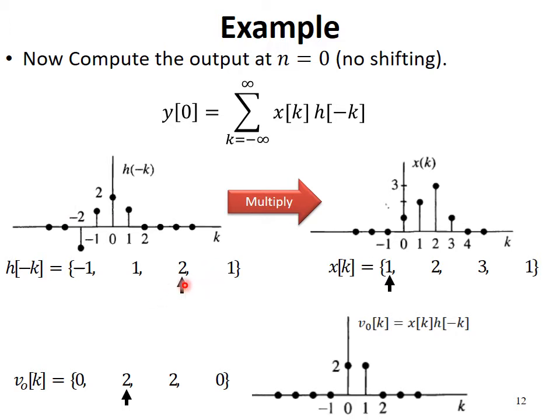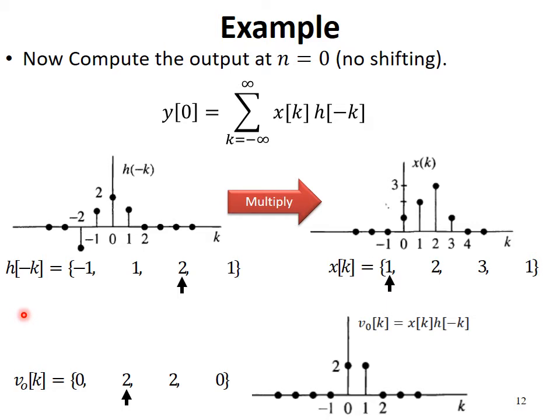These are the product of this sample and this sample, which is 2, and this sample and this sample, which is 2 again, right? And other than that is 0, and let's call it v naught of k. So v naught of k is basically the product of x of k and h of minus k, and it is equal to 0, 2, 2, 0.